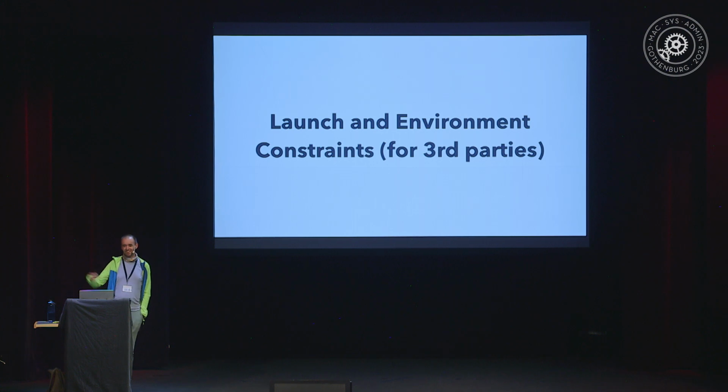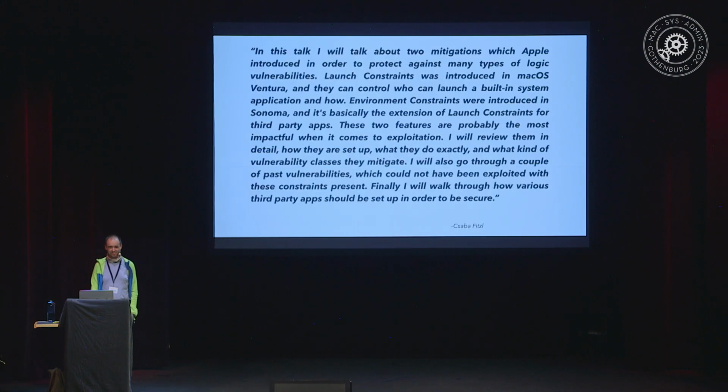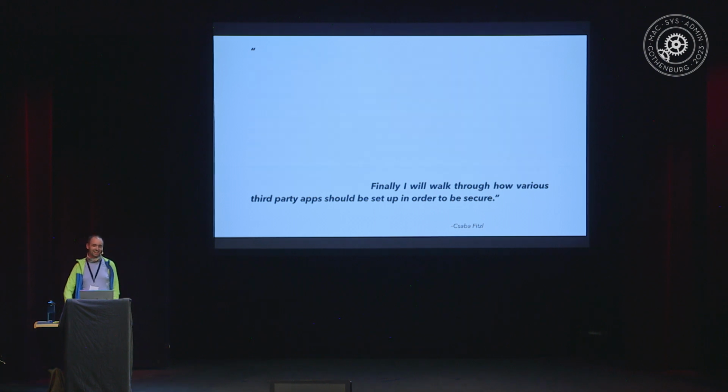Now, launch and environment constraints for third parties. This came in Sonoma. So when I applied for this conference, I sent this abstract to Patrick, and I said, okay, at the end, I will talk about how you can make secure third-party apps. I sent this. I researched 80% of the talk, except this.